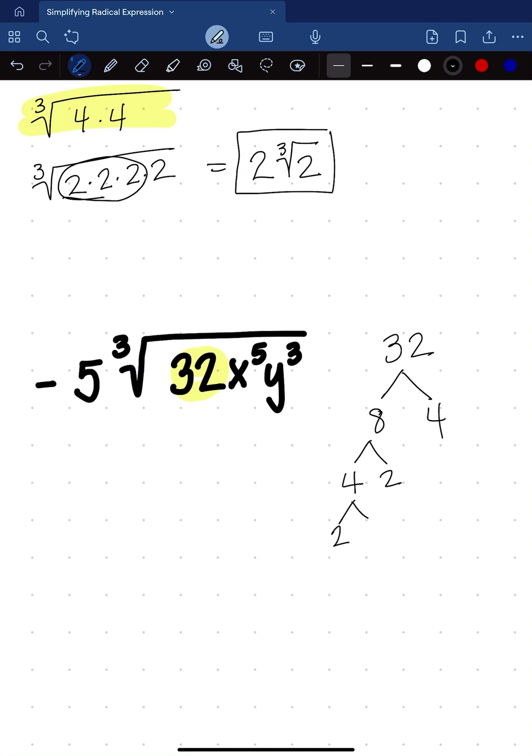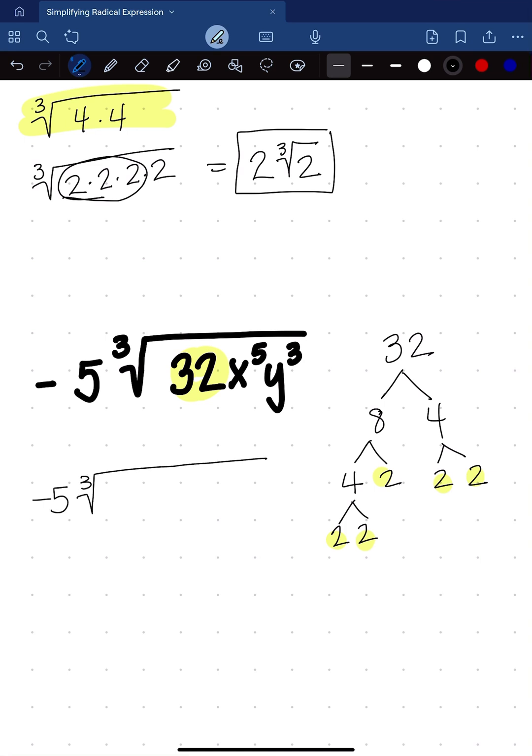And for 4, we have 2 times 2. So here we have 5 prime factors. All of them are 2. Because we are dealing with a cube root, we want groups of 3. So I'm going to leave this -5 out here as it is.